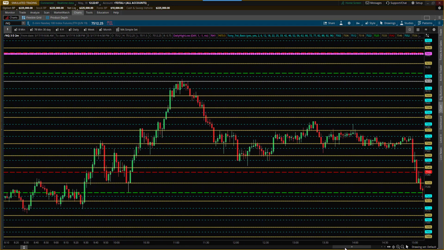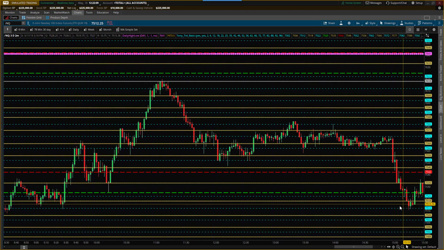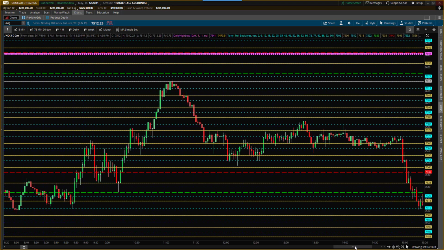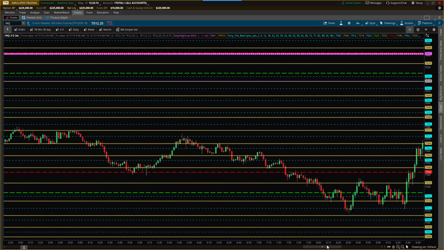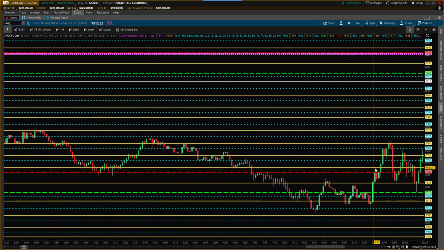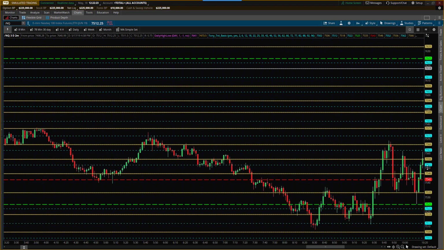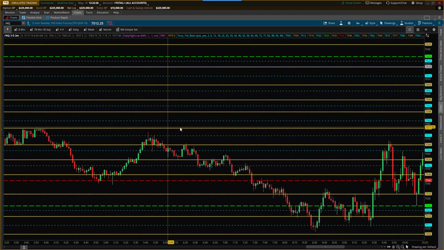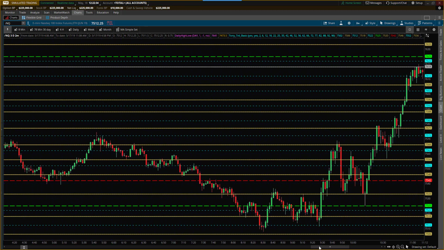So this is a really great example of why we trade the NASDAQ with this strategy. We want this volatility. We want to go from spot to spot again and again until we're day done. Right? So this is just a really great example on Friday of the kind of price action that we're looking for. It's why we trade the NASDAQ.